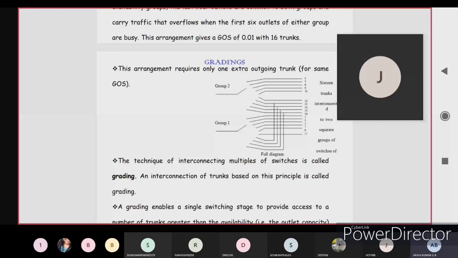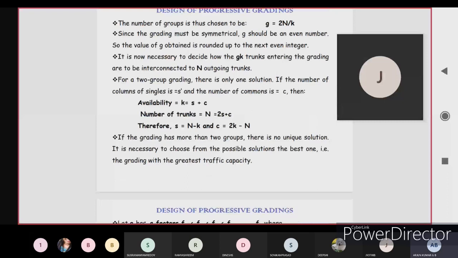If the grading has more than two groups, there is no unique solution. If it is necessary to choose from the possible solutions, the best one is the grading with the greatest traffic capacity.